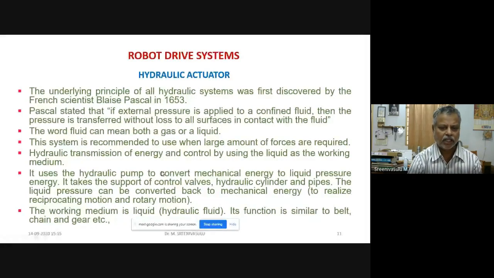Anyway, hydraulic transmission of energy and control is actually being done with the support of liquid, and that liquid is being referred to as the working medium. In your refrigerators and air conditioners, we all know the working medium is actually the refrigerant, say R22, R12, R143a is actually the new one. It's not new.